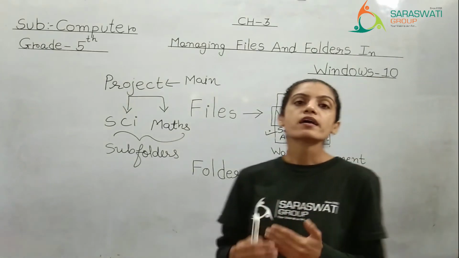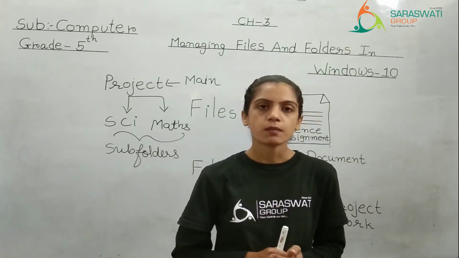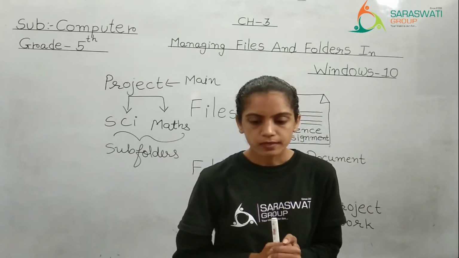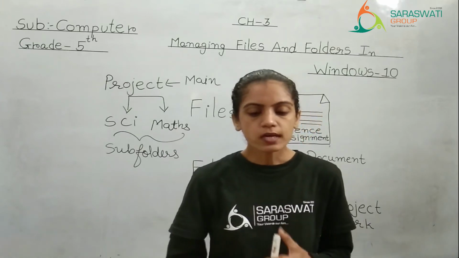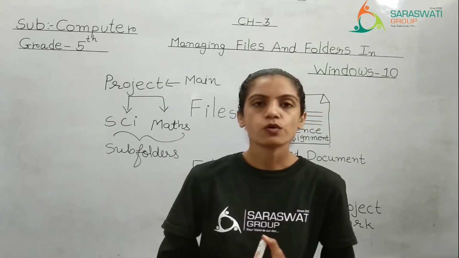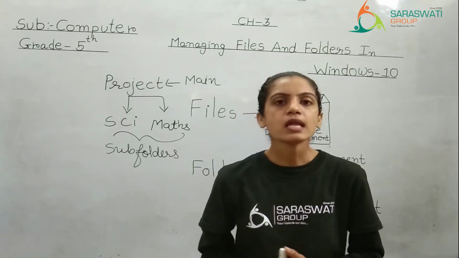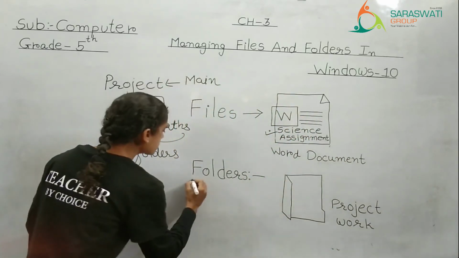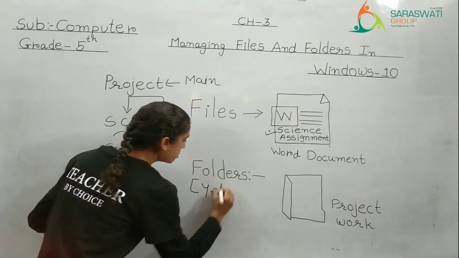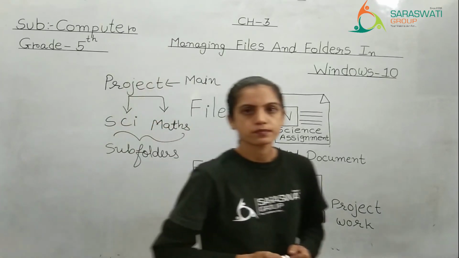So the way we are giving a name to the file, same way we can also give a name to the folder. Right? Folders are usually represented with a yellow icon as shown in the picture. You can see it in your textbook. Mainly, folders will be represented by one simple common color, that is yellow. Right?